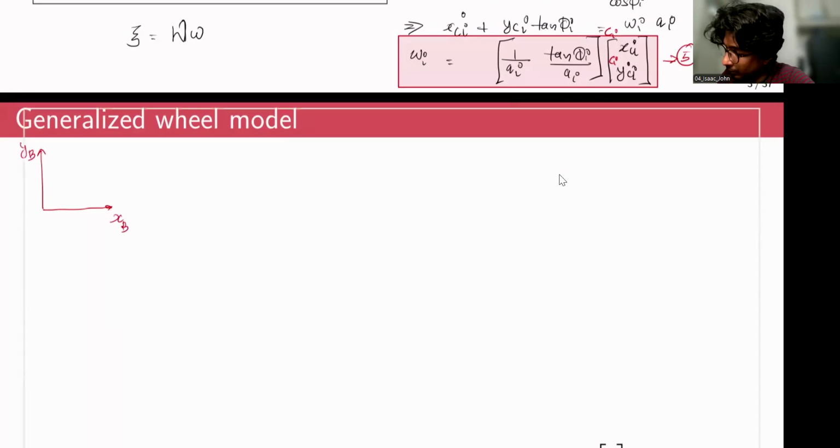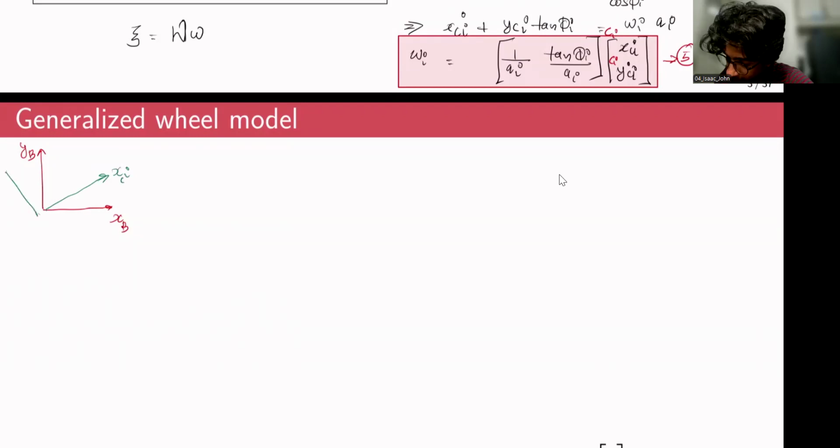And you have another frame of reference, which I'll mark. So if this is XCI and this is YCI, sorry.